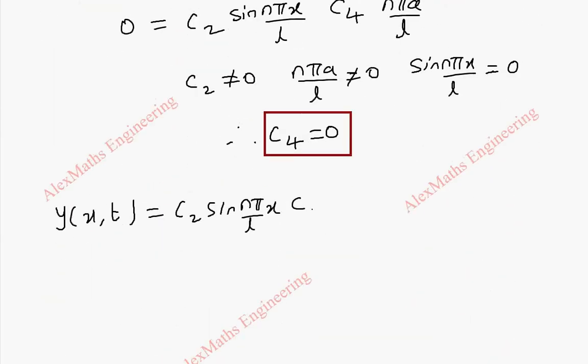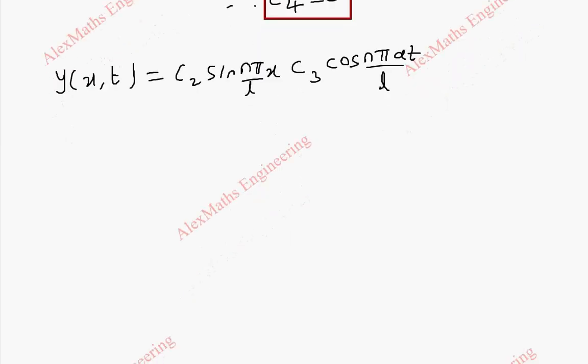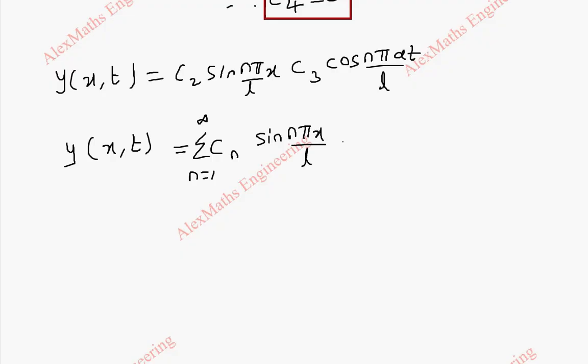So we got the solution. Now both the constants are taken as a single constant Cn, and this is y of x comma t. We can also take summation from n is 1 to infinity, of sin n pi x by L into cos n pi at by L.